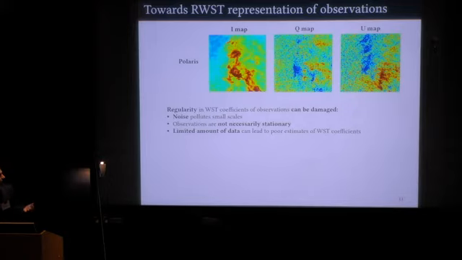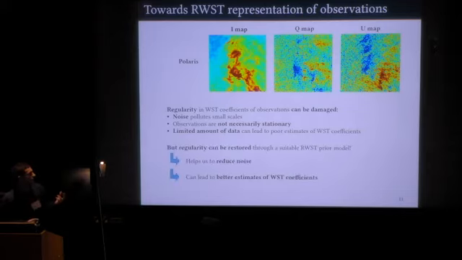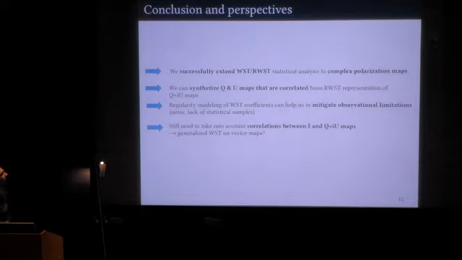But the whole idea of this RWST representation is that it enforces this regularity in the WST coefficients. It can help us to reduce this noise in observations or to have better estimates of the statistics of the ISM.